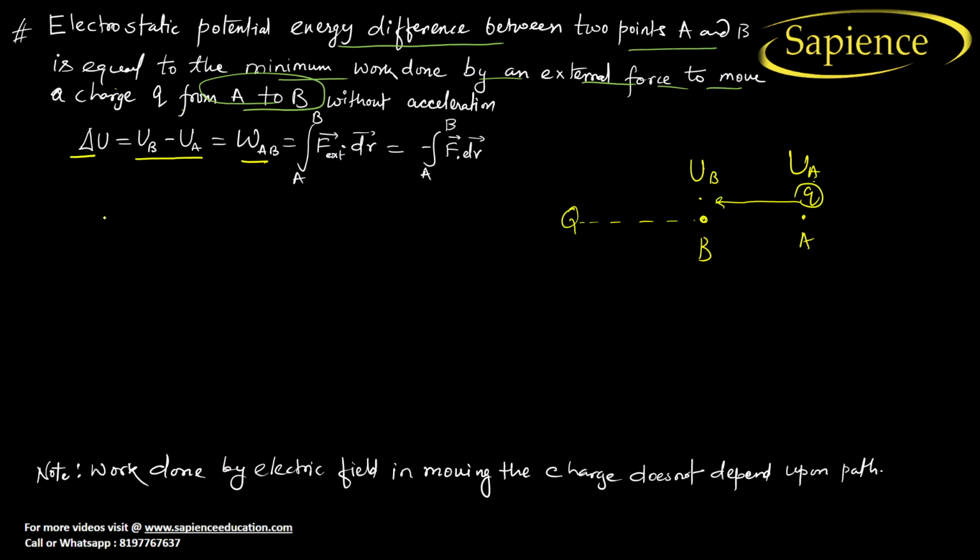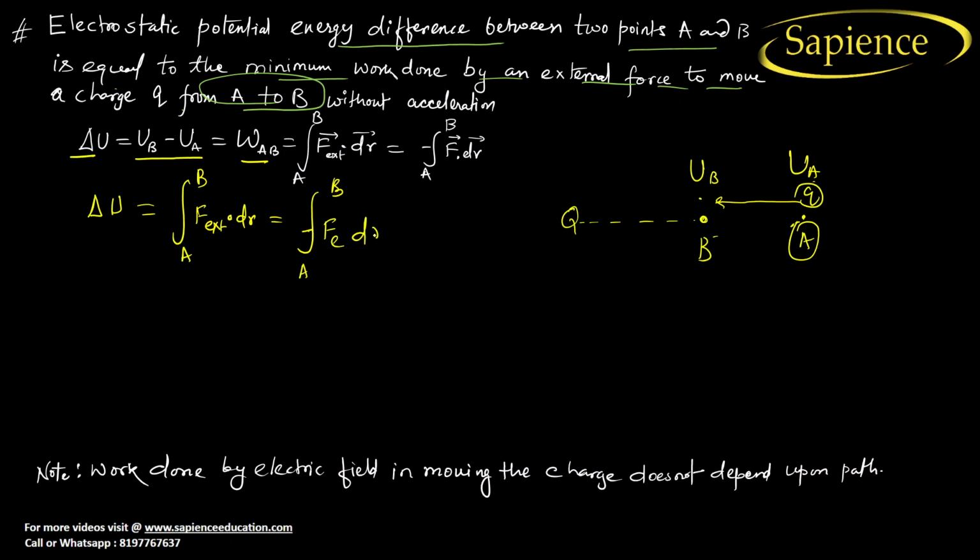So here we can directly write that the change in potential energy is equal to the work done in bringing a charge from A to B, and this is equal to the external force we have applied into dr, as it travels from A to B, because we are putting a charge from A to B. So this can also be written as the integral from A to B of F electrostatic, but negative.